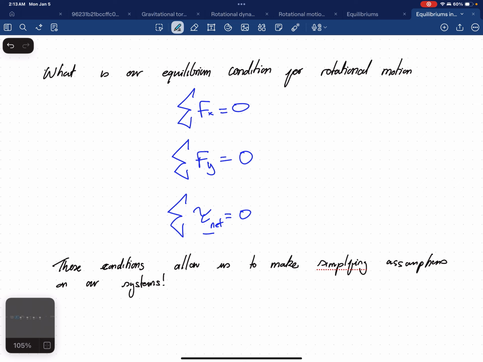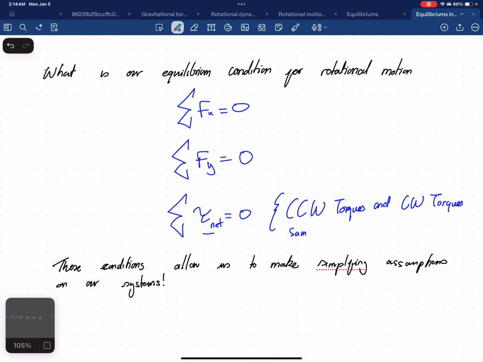All right. So I'm just going to put it in brackets here: counterclockwise torques and clockwise torques sum to 0.